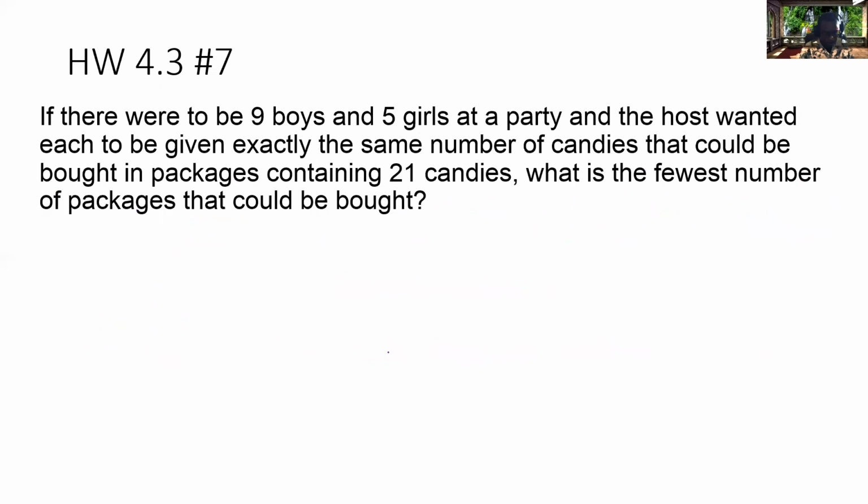And then finally, homework 4.3, question number 7. It says that if there were to be 9 boys and 5 girls at a party, and the host wanted each to be given exactly the same number of candies that could be bought in packages containing 21 candies, what is the fewest number of packages that can be bought?